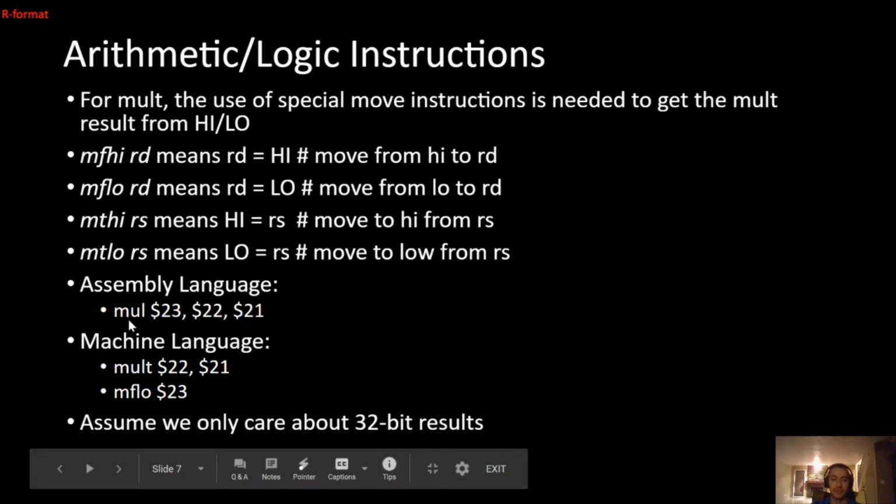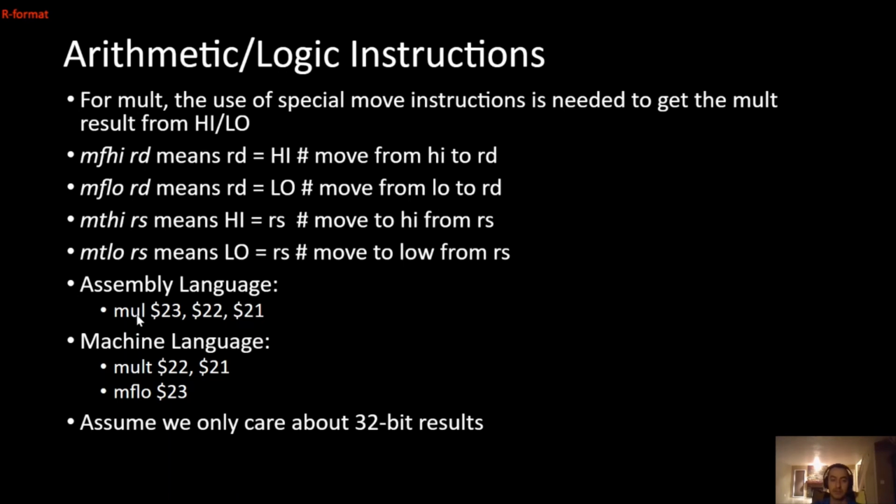So if you are multiplying register 22 and register 21, and you are storing the answer into register 23, what actually happens depends on the design of the processor. These are very specific to the design of the processor.